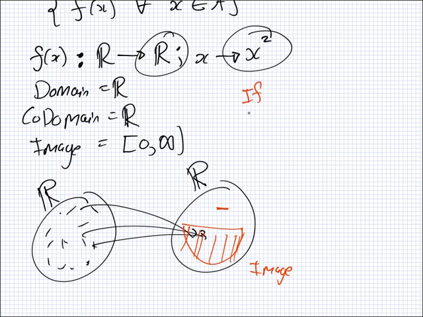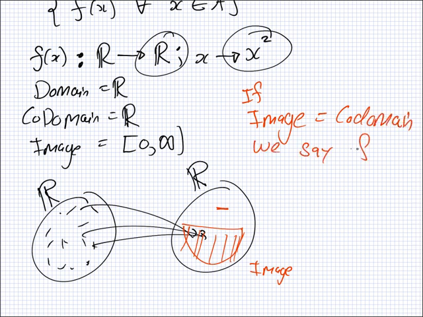If the image equals the codomain, we say f is onto, or another word for it is surjective.